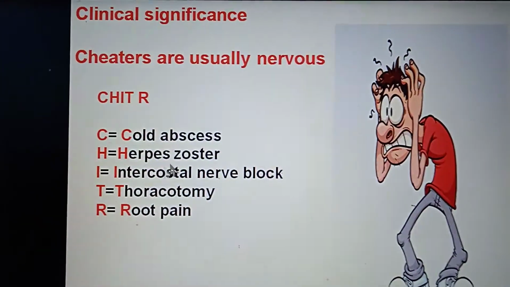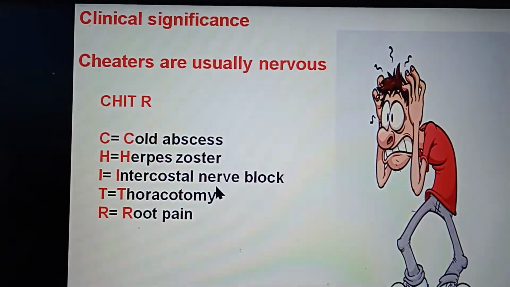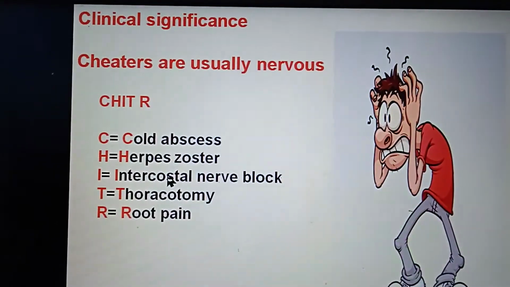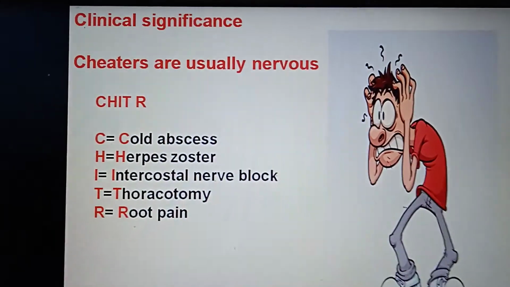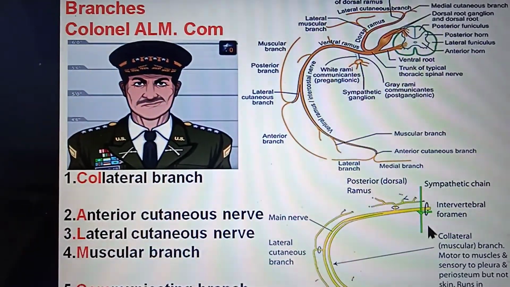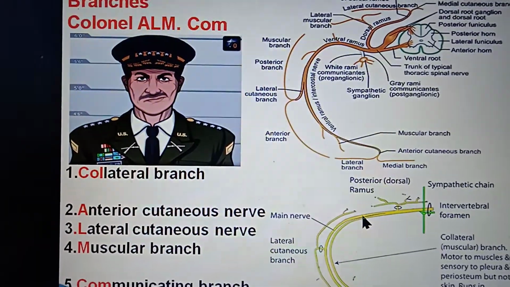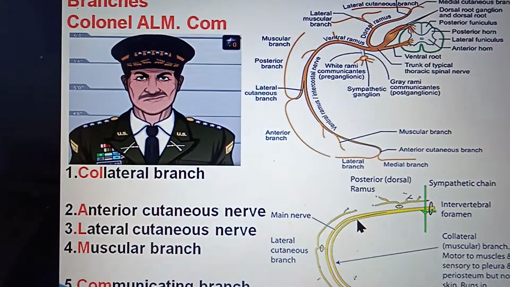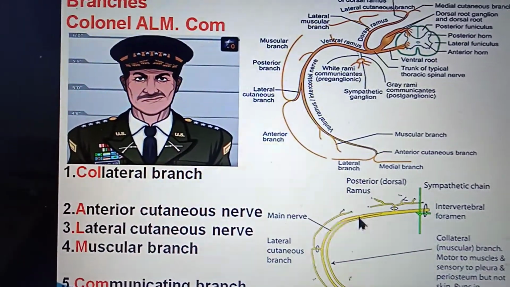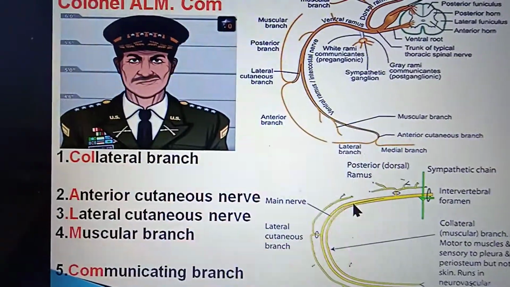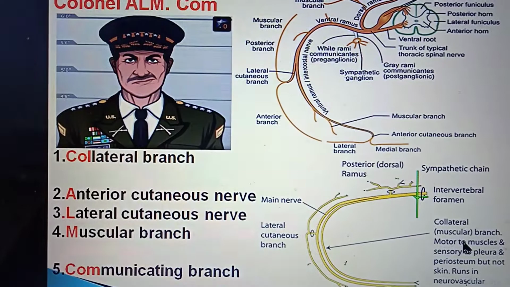Then comes the intercostal nerve block. For surgery in the intercostal areas in the thorax, we do an intercostal nerve block, and the site will be just lateral to the vertebra, so that both the collateral as well as the main trunk will be anesthetized, because the collateral branch also gives a muscular branch.